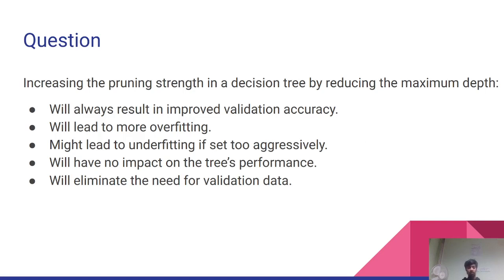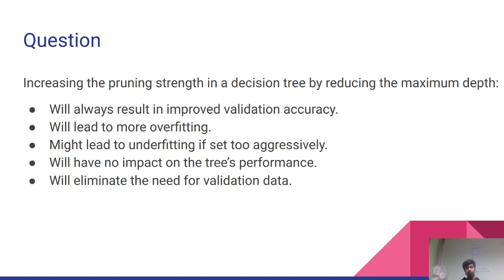And the fifth option is that it will eliminate the need for validation data. Whatever model we are training or testing, we need to use validation to understand if it is fitting properly, if it is only fitting on the training data, if it is not fitting at all, things like that. So it is not really correct that if we just make it smaller, there is no need for validation data.